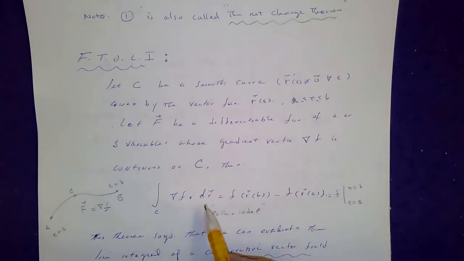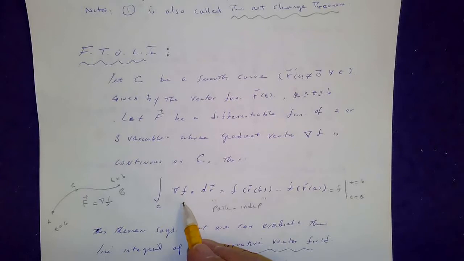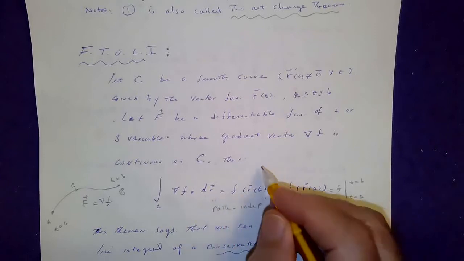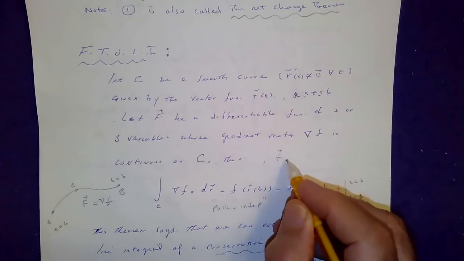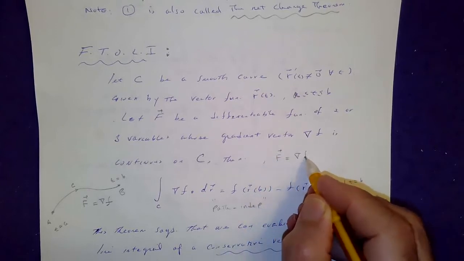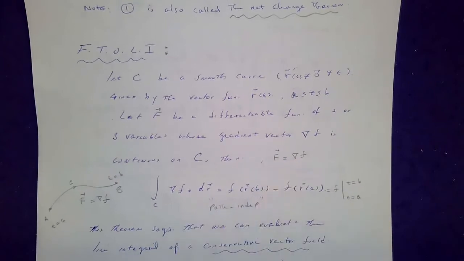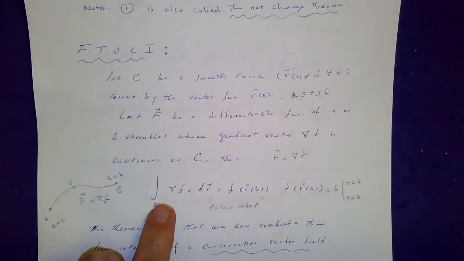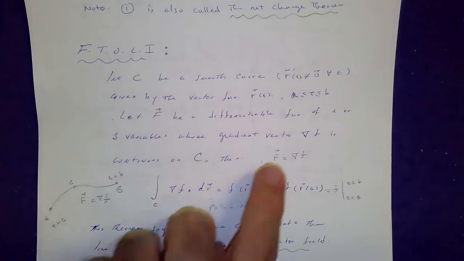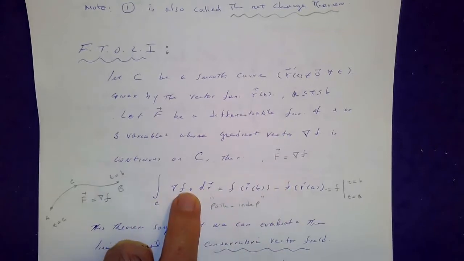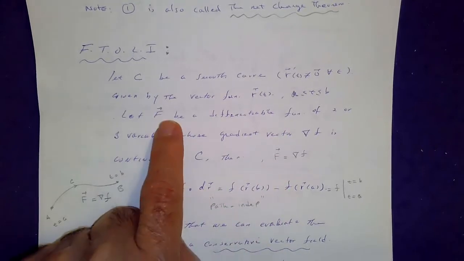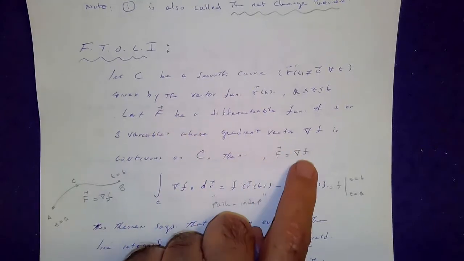Therefore, the line integral of F dot dr changes into, remember, we are seeking scalar functions whose gradient happens to be the same as the vector field. So we're going to replace the F with the gradient of the lowercase f. Remember, this is a vector field, and this is just a scalar function.